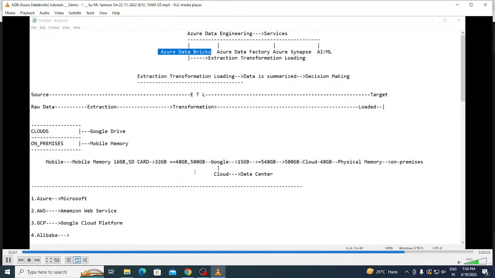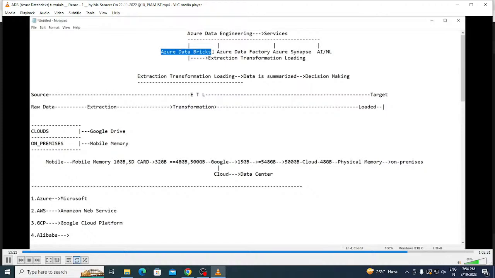Azure Data Factory and Azure Databricks are both used for the same process. But in Azure Databricks, you need to use code, where you use different languages: Python, Scala, R, and SQL.